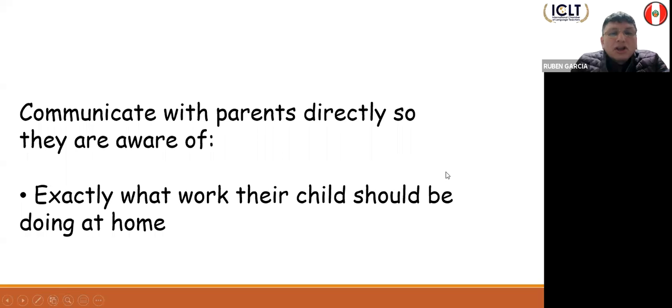Then communicate with parents directly so they are aware of exactly what work their child should be doing at home. Yes, that is good. Instructions.